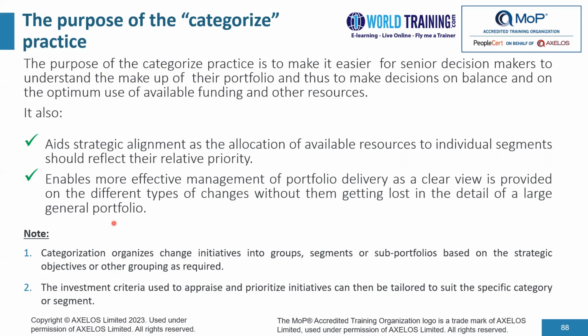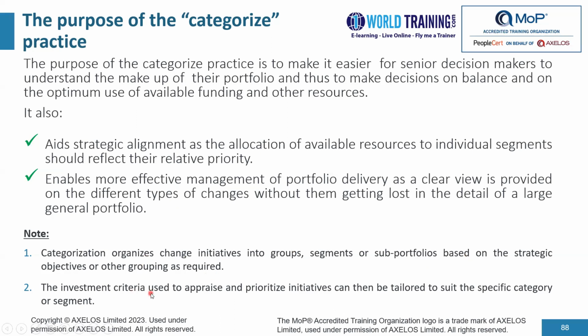A few notes for your understanding. Categorization organizes change initiatives into groups. You could categorize them into IT projects, for example, HR projects, marketing projects, or you could categorize them into segments such as grow initiatives, transform initiatives, or run initiatives, or sub-portfolios based on strategic objectives or other groupings as required.